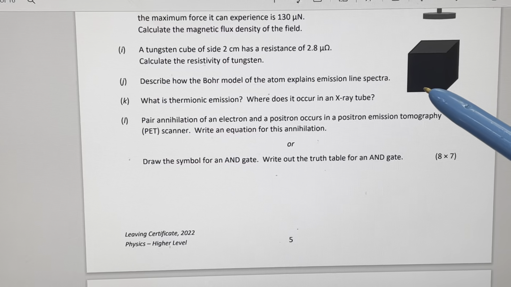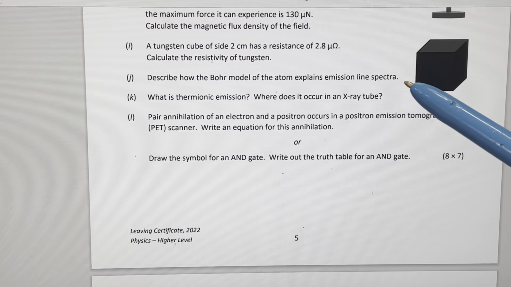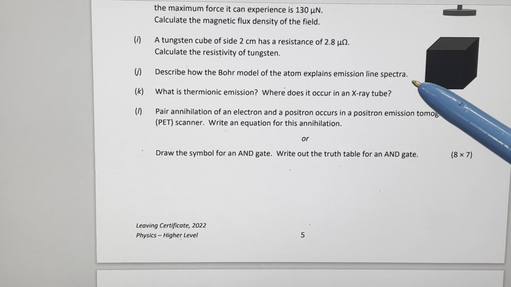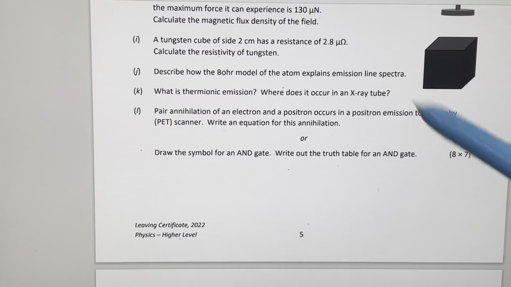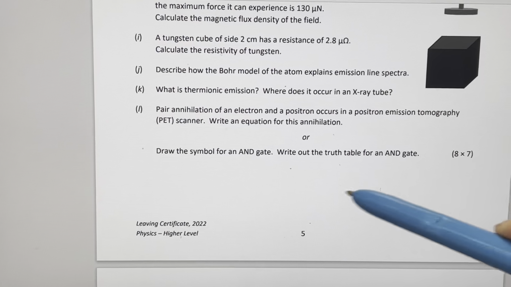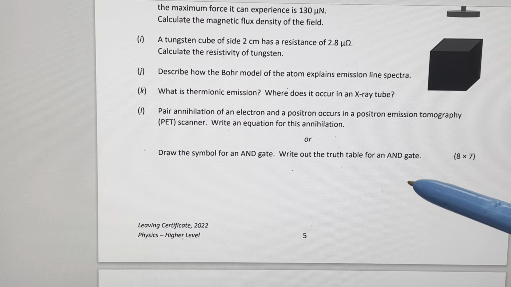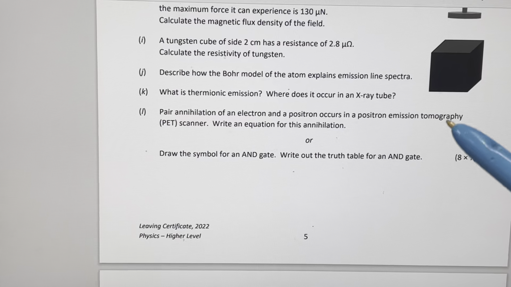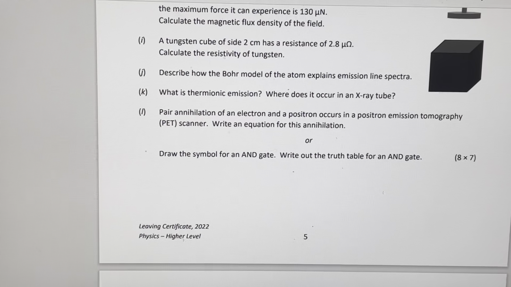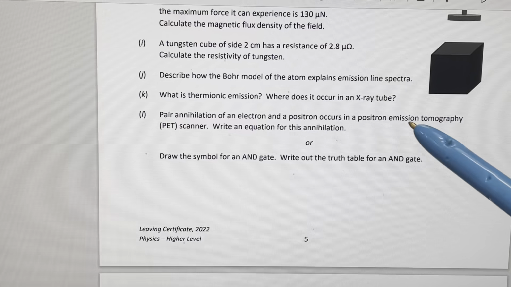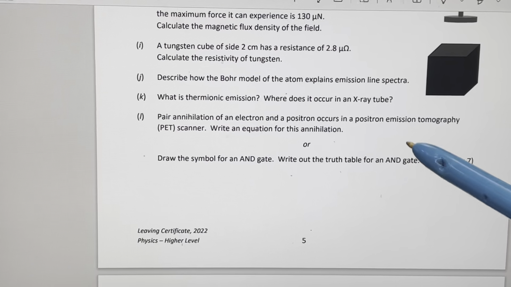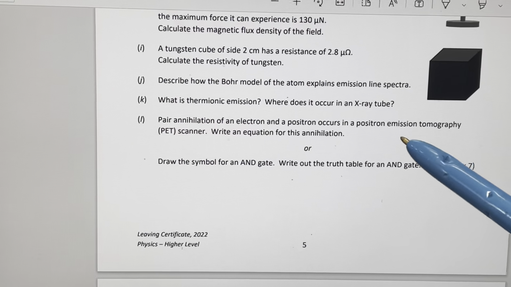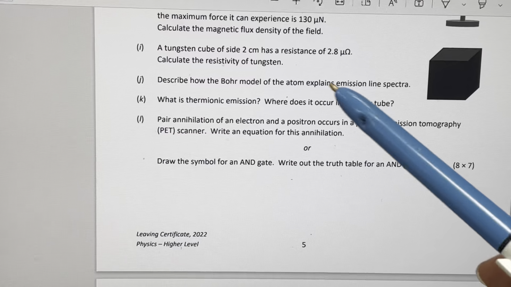If an electron moves from a higher energy rotation around the nucleus to a lower energy rotation, it releases an amount of energy in quanta, so n times a quantum of energy, and that can be seen in the line spectra in terms of different colors, and each one is different. So it's packets of energy. It showed that there's a quantum of energy and not a continuum.